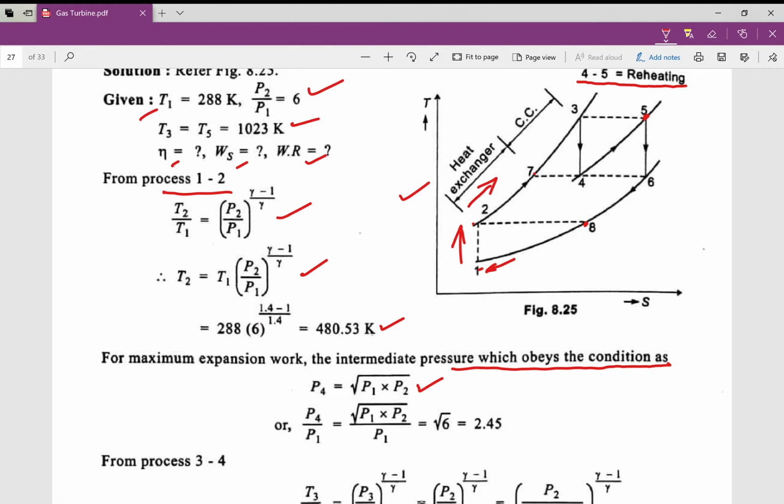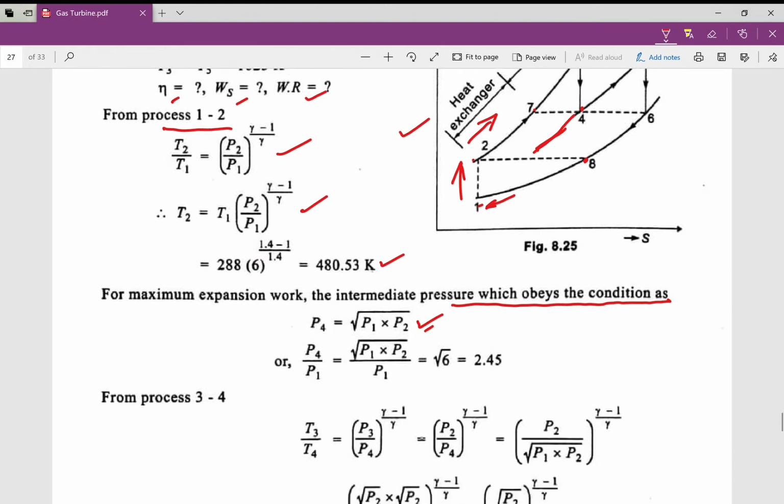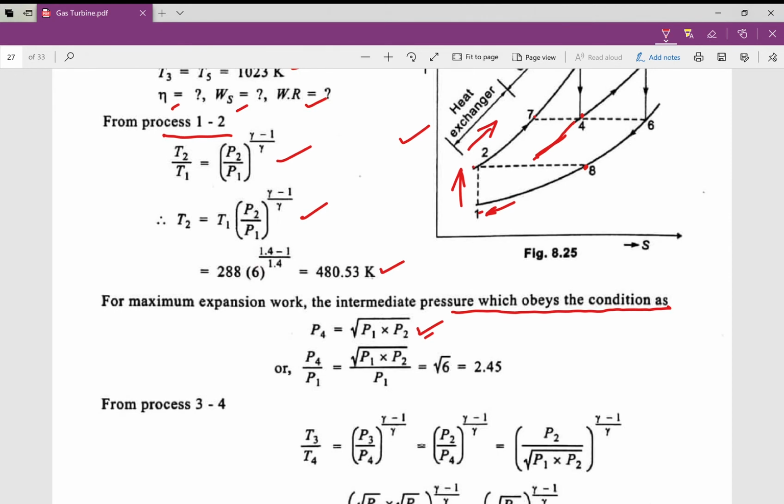In between, this pressure line comes out. So point 4 is lying on this pressure line. Hence we can write P4 is equal to this. Right. Now, divide this by P1 throughout, left side and right side. Left side P4 upon P1.